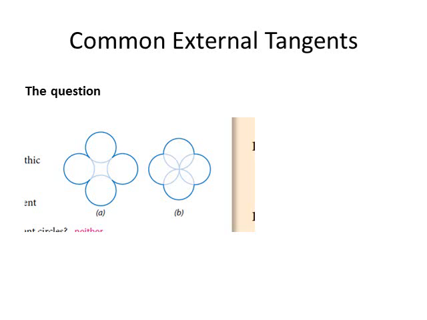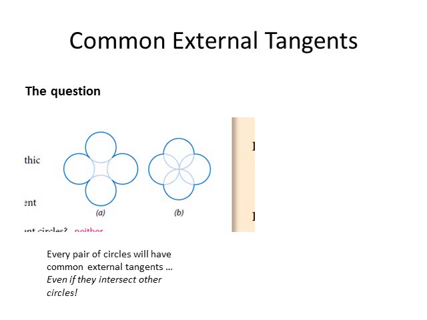I've got two common external tangents that I could draw there that would happen to intersect the circles on the right and the left, but they would still be commonly external to the top circle and the bottom circle.